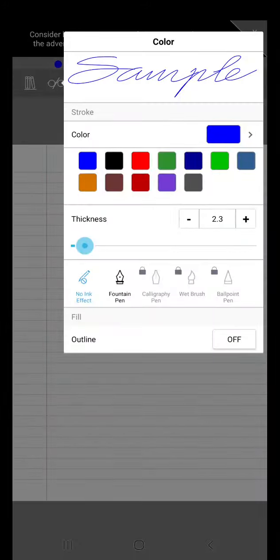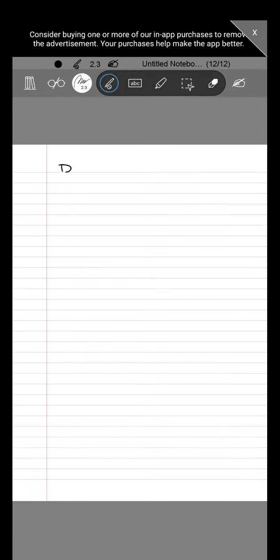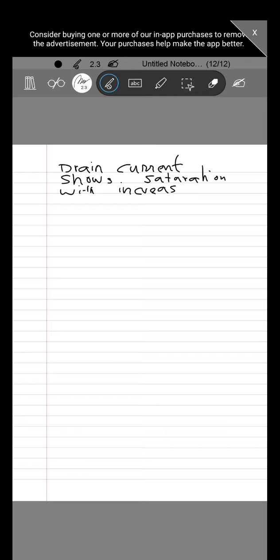Now drain current shows saturation with increasing drain voltage.